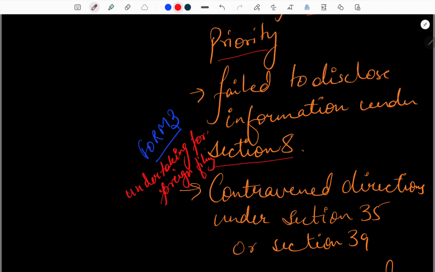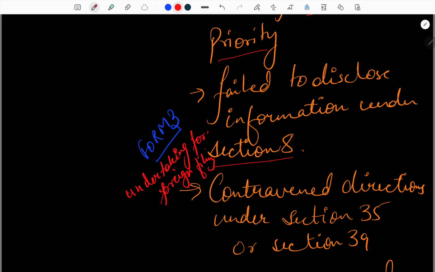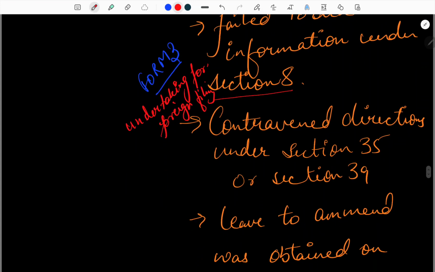If you have failed to provide those undertakings regarding foreign filings, or if you have misrepresented by not disclosing what your foreign applications are going through, or what is the stage of the foreign applications, then it becomes one of the grounds for revocation.